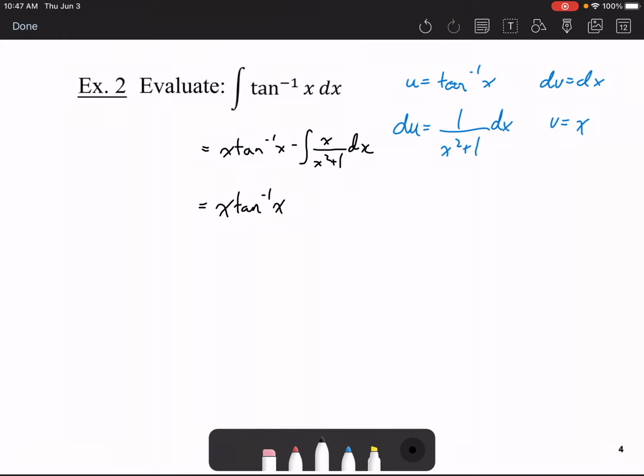Well, if I find negative a half of the natural logarithm of x squared plus 1 plus c, that's the integral of negative x over x squared plus 1 dx.